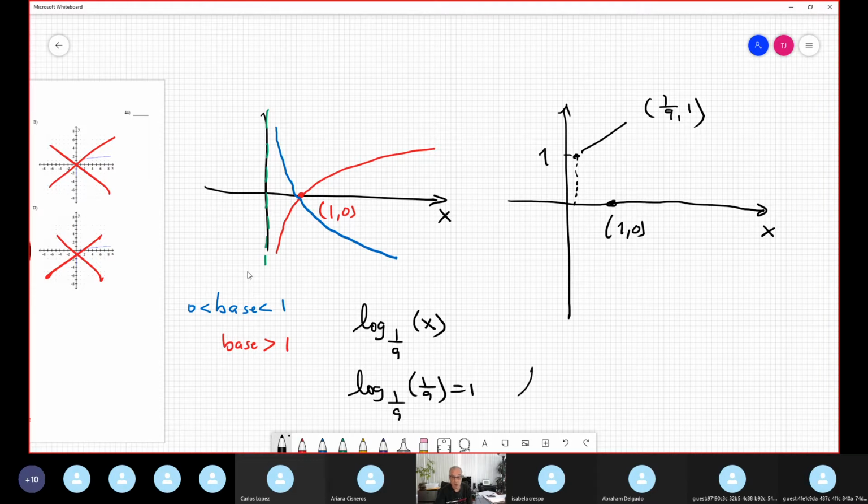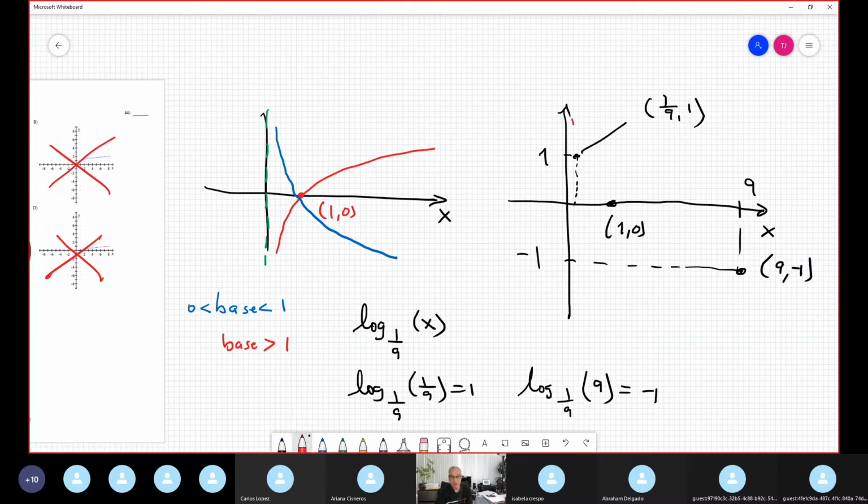Another point would be log base 1/9 of 9, which is the reciprocal, so the answer is negative 1. I suppose 9 is here, this is not a perfect scale. This point is (9, -1). And the curve looks like that.